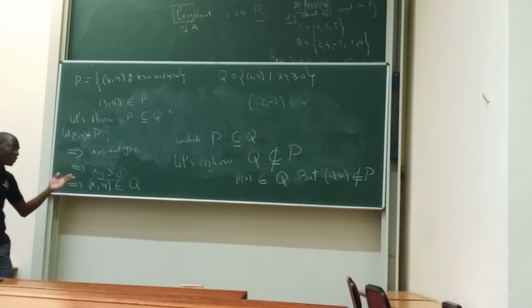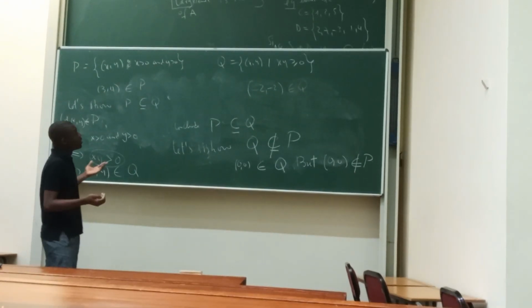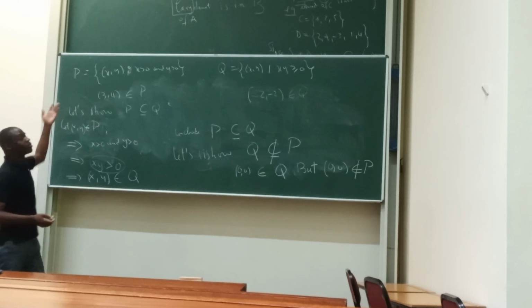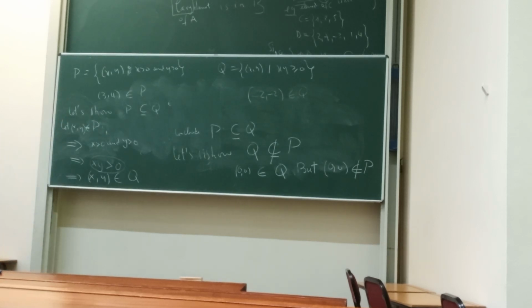But maybe there is a question where I ask you, show that P is a subset of Q. This I could allocate maybe 2 marks. Then next I will ask you, show that Q is not a subset of P. I could also allocate 2 marks. I cannot tell you that we fix this kind of mark for such a question. It could be 1-1 or it could be 3-3.